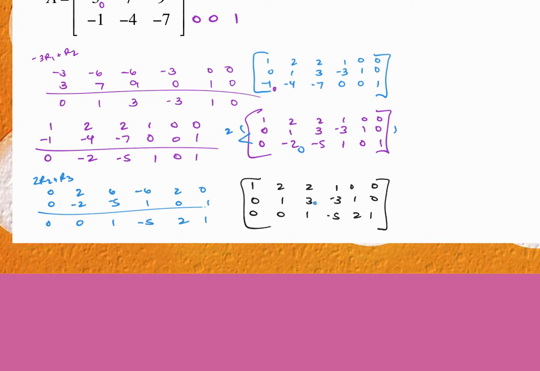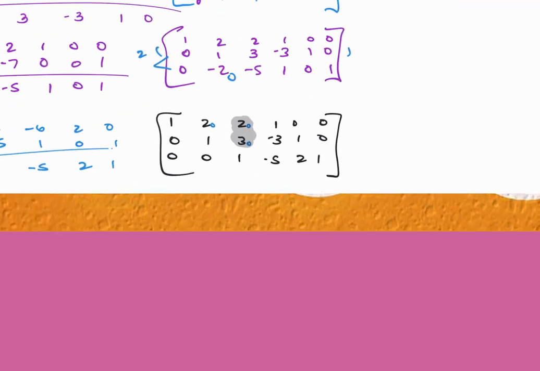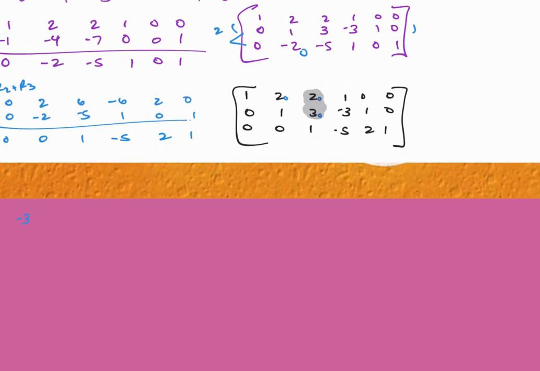Now I need a 0 here, here, here. And for these two zeros, you have to use row 3. So if I did -3, row 3, and add it to row 2, I'm going to get the 0 that's here.